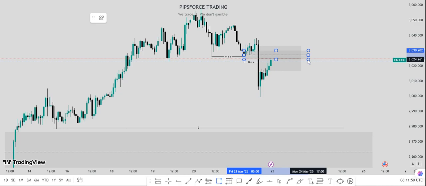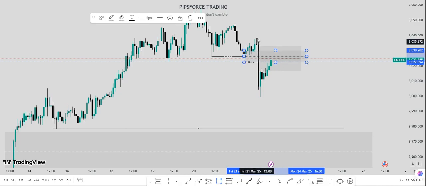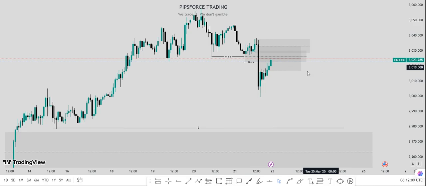We have this breaker block at this level, and then we also have an order block at this level as well. So you can literally see that we have about three institutional reference points at this level, and these are the levels that we are expecting price to get into.